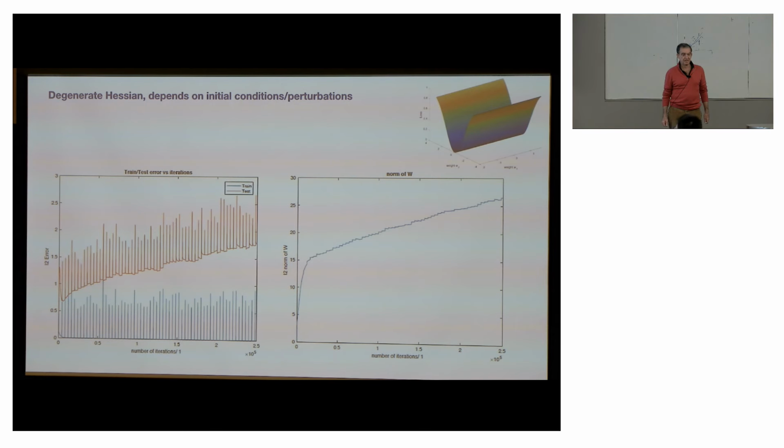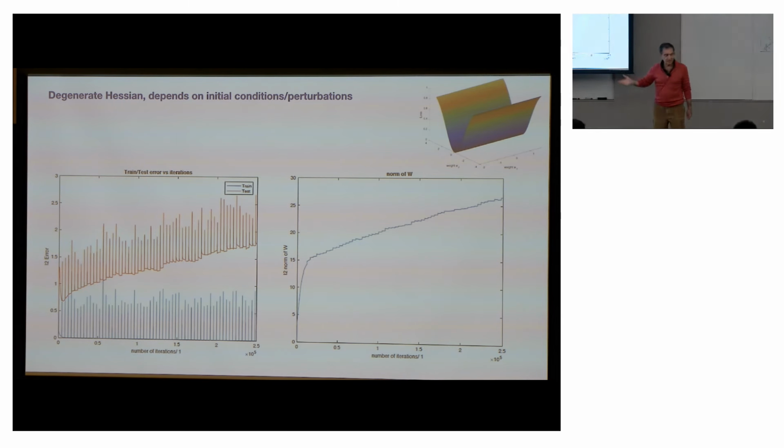This shows that in a situation like this, it's important to start from zero initial condition. If you start with all the weights large, you will have a network that has an error which is not optimal. You're not going to converge to the minimum norm solution.